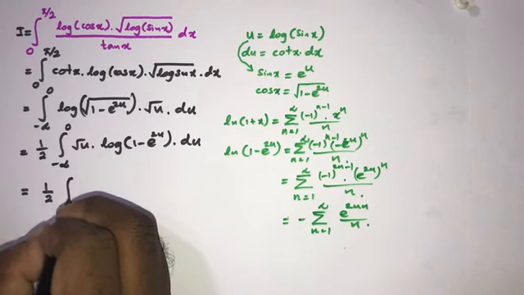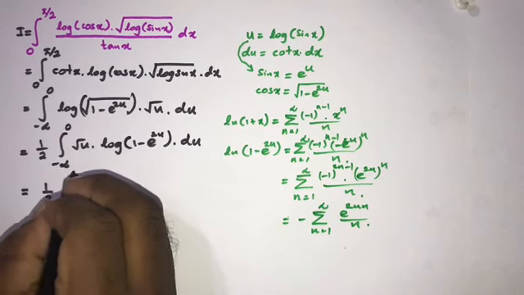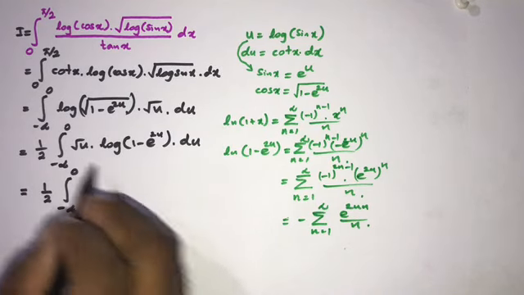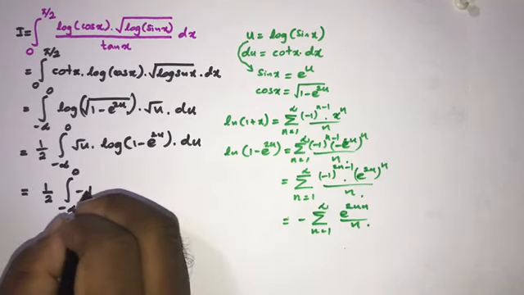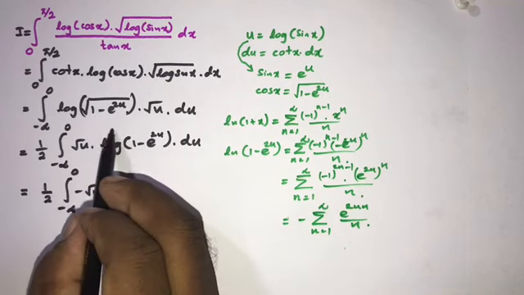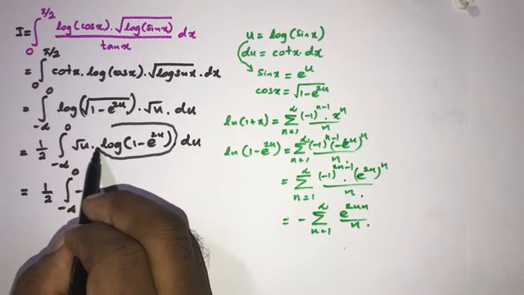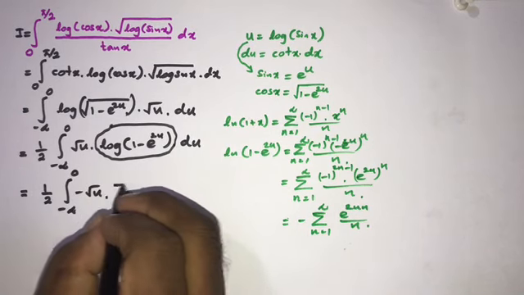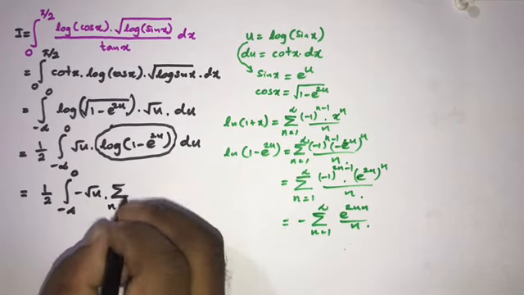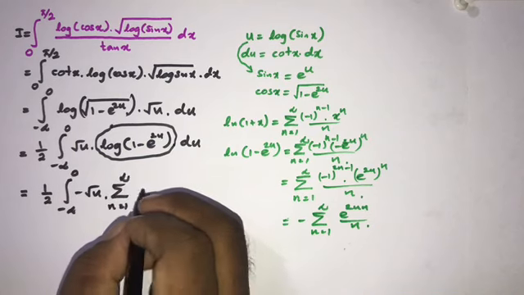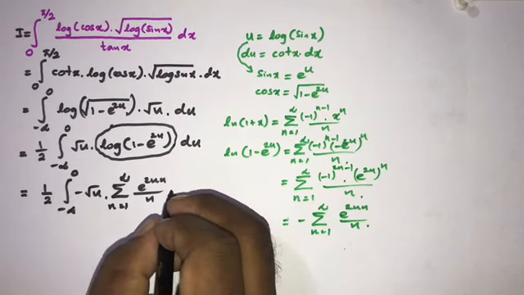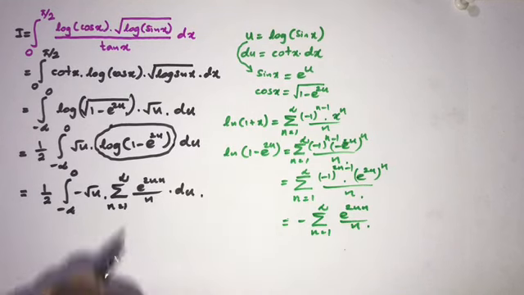Okay, now we can plug in, so this is equal to 1/2 integral from minus infinity to 0. Now square root of u and here a minus sign, so minus square root of u, and instead of natural log of 1 minus e to the 2u we can write the infinite sum from n equal 1 to infinity of e to the 2un over n du.